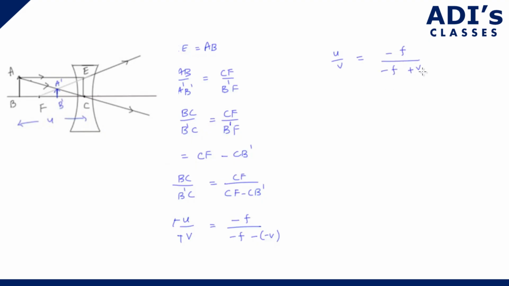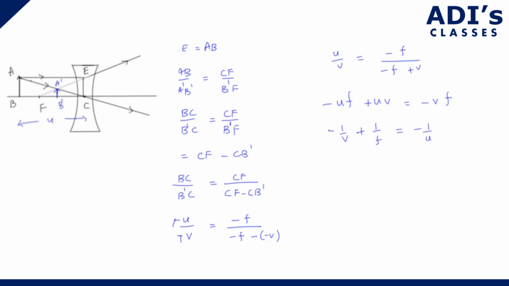Now you divide the whole equation by UVF. Then you will have minus 1 by V plus 1 by F is equal to minus 1 by U. If you take the minus 1 by U to that side, you have minus 1 by U plus 1 by V is equal to 1 by F.